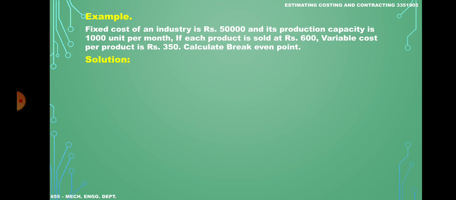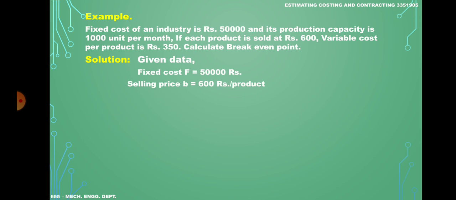Starting with the solution, what we have, write in given data. First, fixed cost F equals 50,000 rupees. Selling price B equals rupees 600 per product, and variable cost A equals rupees 350 per product. And what we have to find out is the break-even quantity Q.